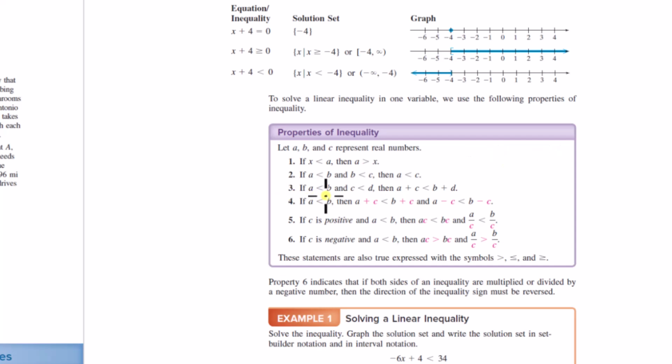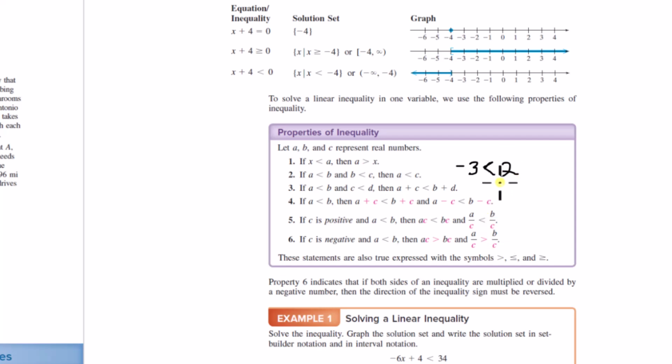All right. Property 3: if A is less than B and C is less than D, then A plus C is less than B plus D. So think about what this is saying. It's important to understand these properties. We can use them to solve certain problems. This seems complicated. It's really, really simple. If I have, let's say, minus 3 is less than 2.